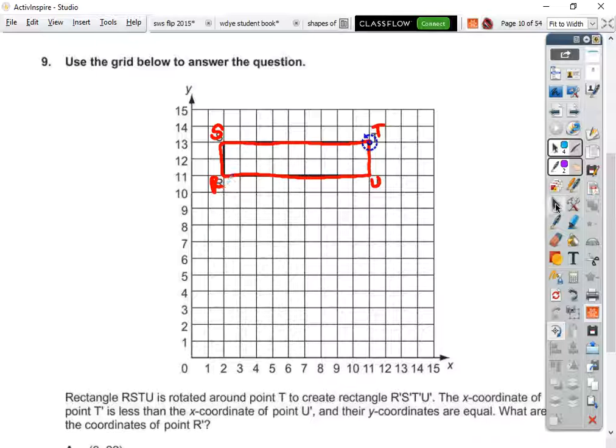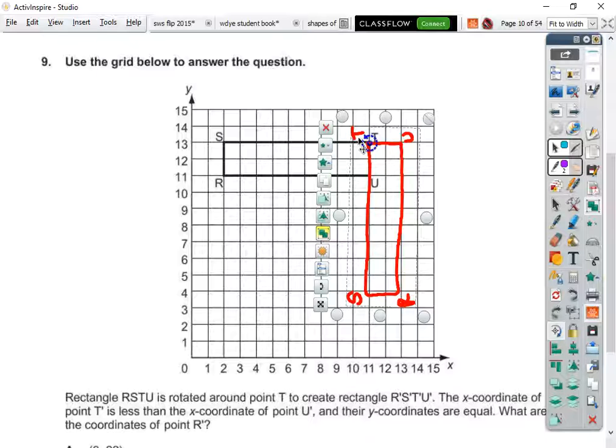And we're going to rotate it about point T to create a similar shape. The x-coordinate of point T prime is less than the x-coordinate of point U, and their y-coordinates are equal. Alright, well, the only way to make that true is if we rotated this right here. So now we have their y values are equal and T prime is less than U.